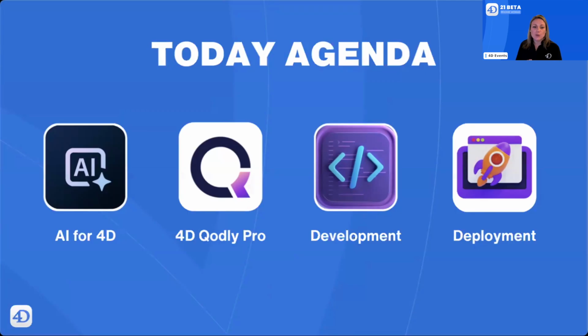Then we will continue with a walkthrough of the major new features in 4D Qodly Pro with a focus on the most impactful improvements. We will also take a tour of the key updates related to development and deployment, enhancements designed to help you go further, faster, and with even greater comfort.